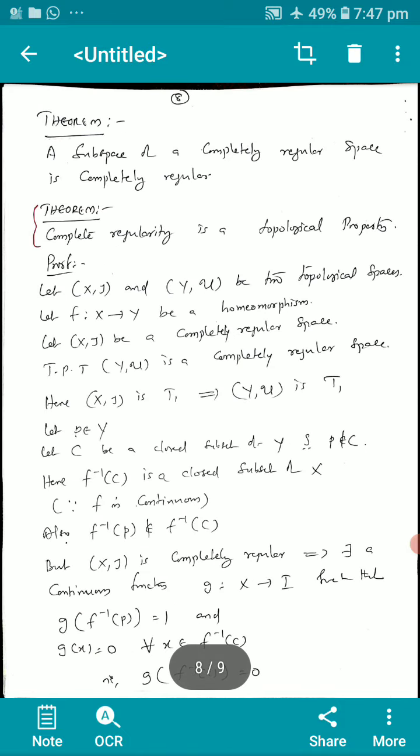But (X, τ) is completely regular. This implies there exists a continuous function g from X to the closed interval [0, 1] such that g(f inverse of p) = 1 and g(x) = 0 for all x in f inverse of C. That is, g(f inverse of C) = 0.